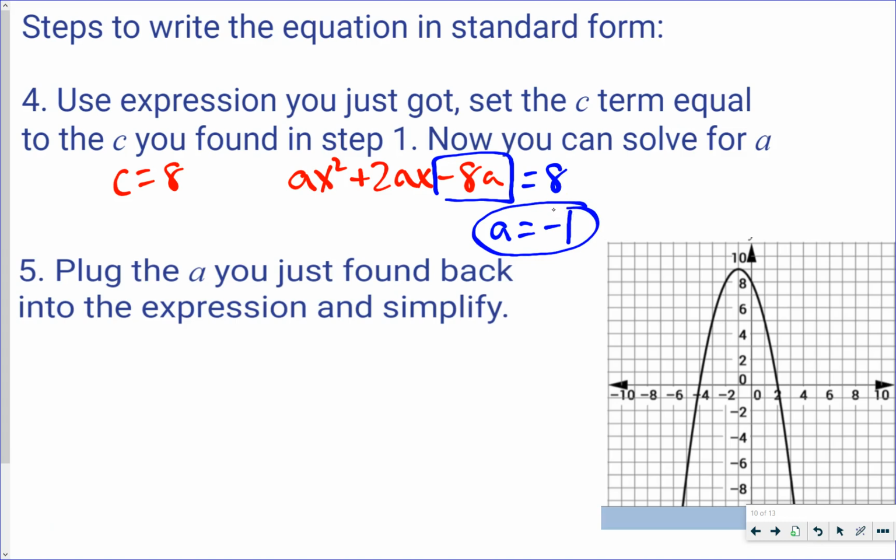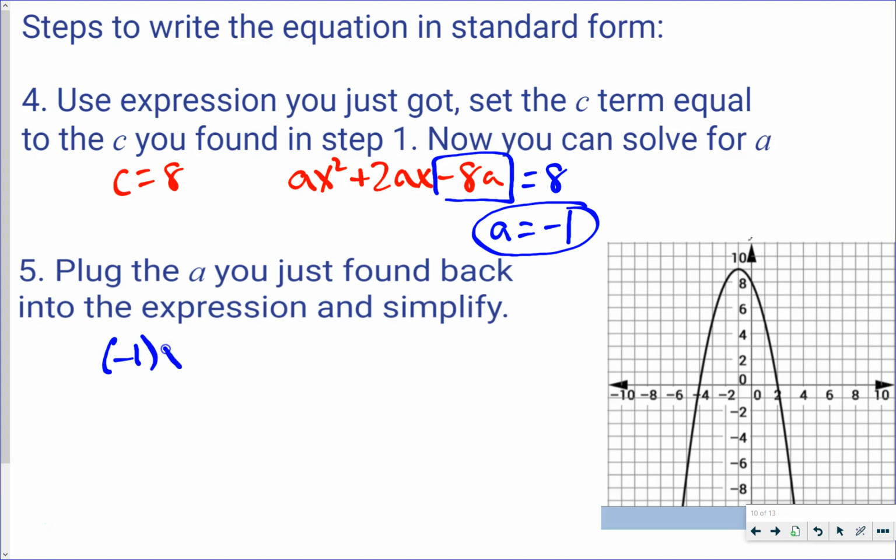So the very first step, we knew C had to be 8. After putting all my pieces together, the C was negative 8a. We used that piece by itself to solve for a. Now we know a is negative 1, and now we can plug it back in.